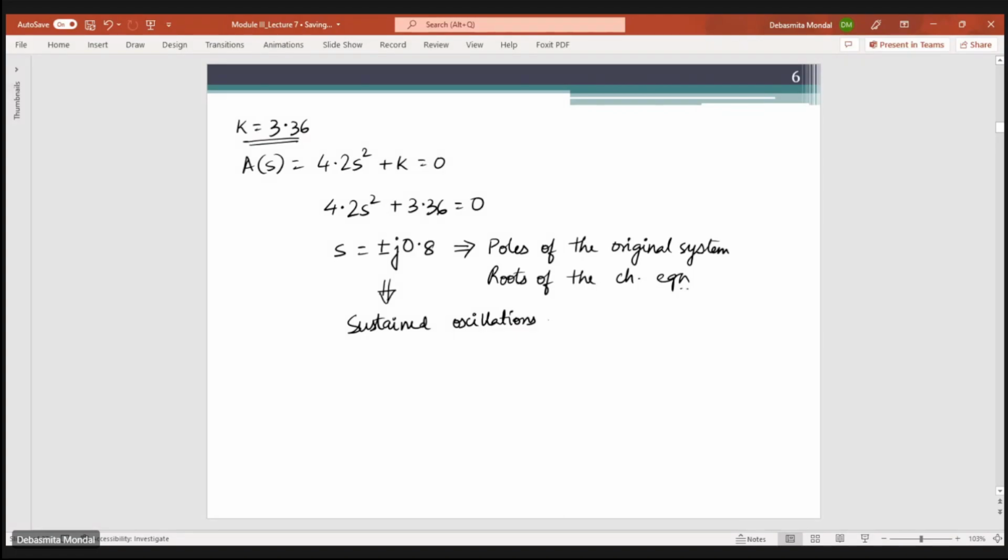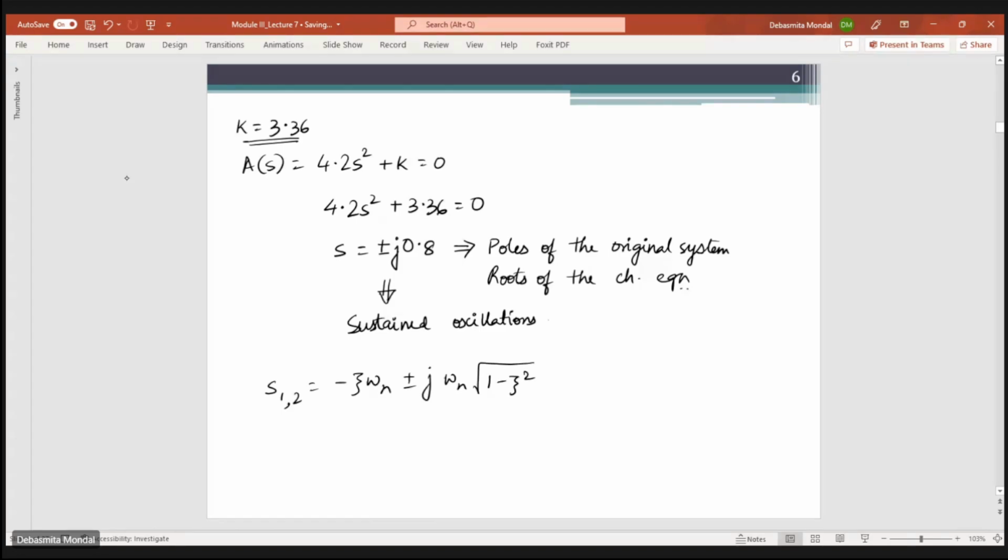Now you have to find out the frequency of this oscillation. If you compare this with the previous equation, this was minus zeta omega n plus j omega n square root of 1 minus zeta square.